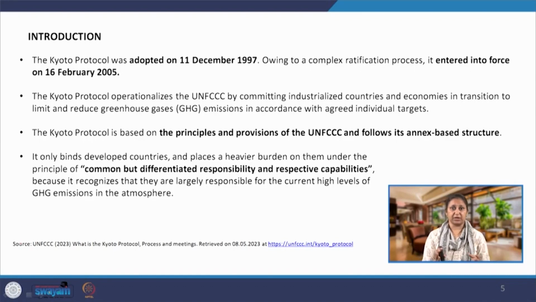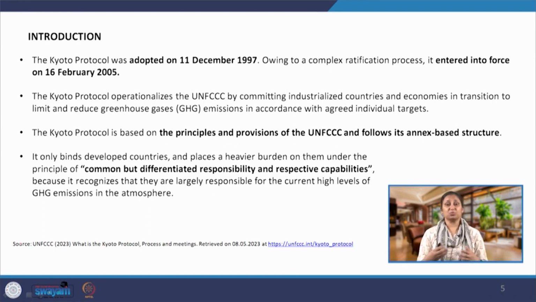I am not going to take you through the historical events that led to it, but UNFCCC was proposed and adopted in 1992, which was the first Earth Summit, and 5 years after that the Kyoto Protocol was adopted in December 1997, and there was a very complex ratification process which was required. Ratification, as I have already mentioned in the previous lecture, requires parties to sign.